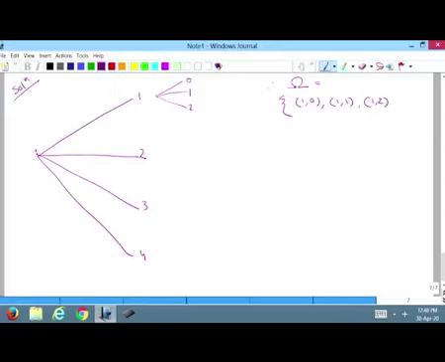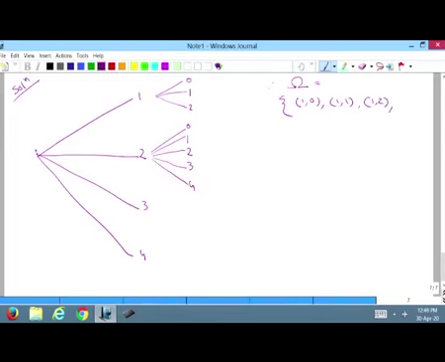Now, suppose you pick up 2 passengers. How many bags then you may have to pick? It may be 0, it may be 1, when one of them has 1 bag, it may be 2, one may have 0 bag, other may have 2 bags, or both of them have 1 bag each, 3 or 4.